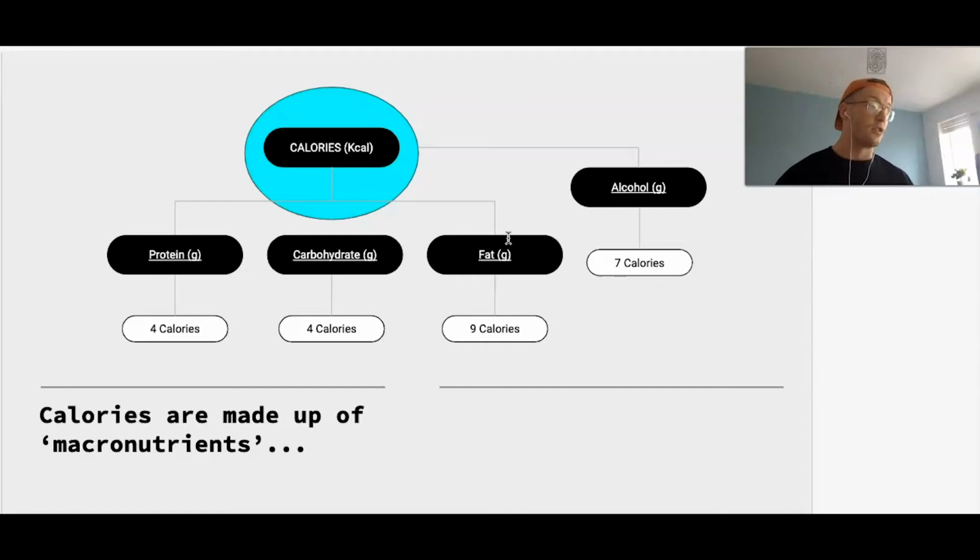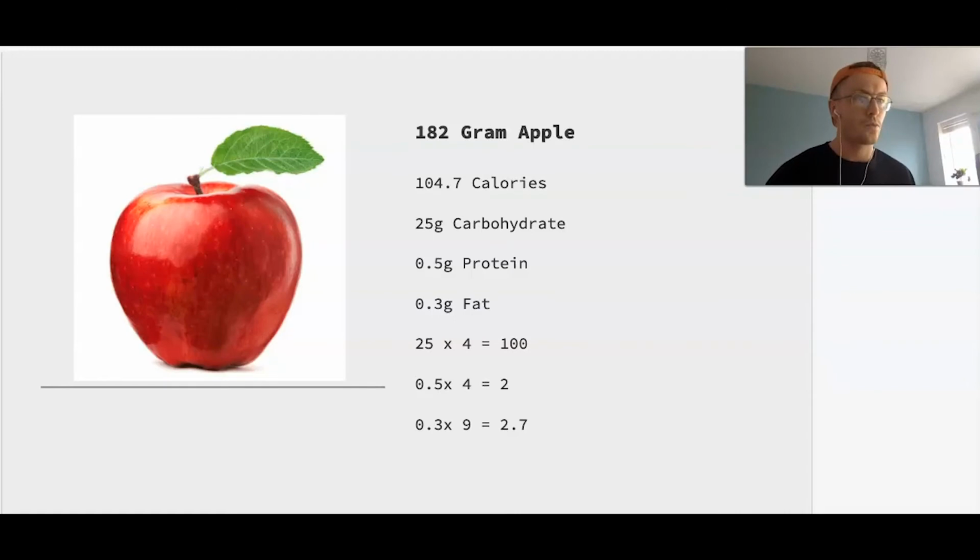So this is interesting. All the foods that we eat are made up of a certain amount of these macronutrients that then bring with them calorie amounts that give us the energy from our food. It's all well and good knowing this, but we need to know how to apply it to our own lives and the food that we eat. So let's have a really simple look at a food item and see if we can break it down.